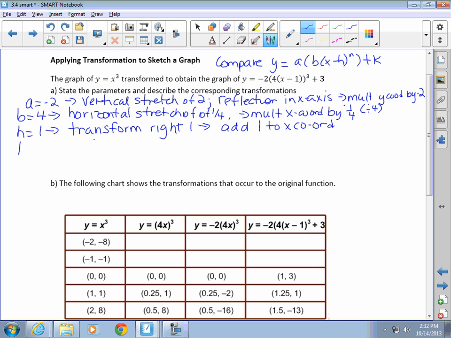My k value was equal to a positive 3, so that means I'm going to translate my graph up, which means that I'm going to add 3 to the y-coordinate. Now remember, when you're doing transformations, you always have to do your stretches before you do your translation. So I can't add and subtract my h, k values, I have to do my a, b first.